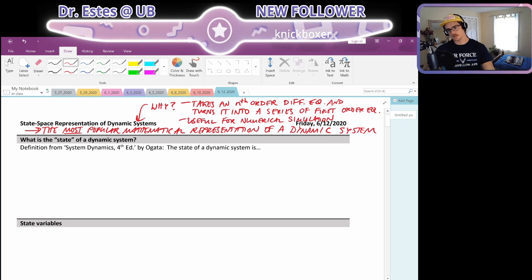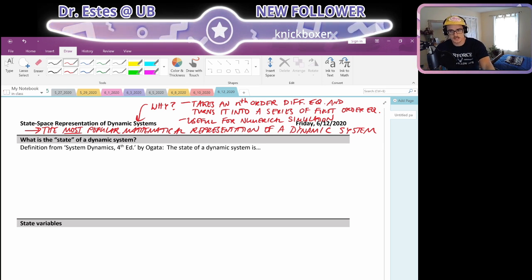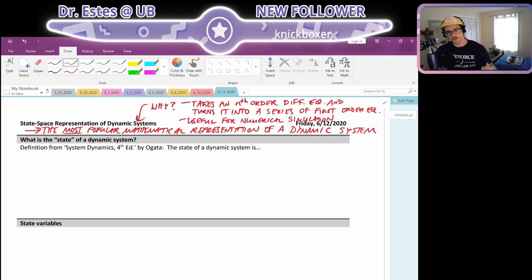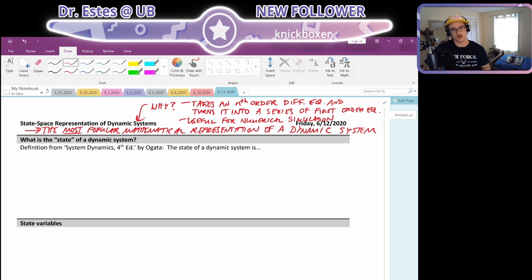In other words, if you want to know how a dynamic system is going to behave, usually we simulate it on the computer. That's already what we're doing in this class. We go into MATLAB, we make some graphs as a function of time, and we see what the system does. State space makes that easier to do on a computer.